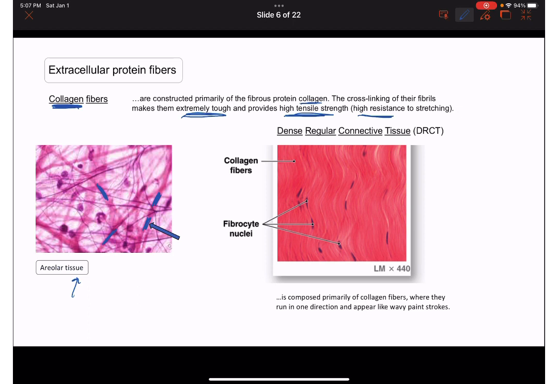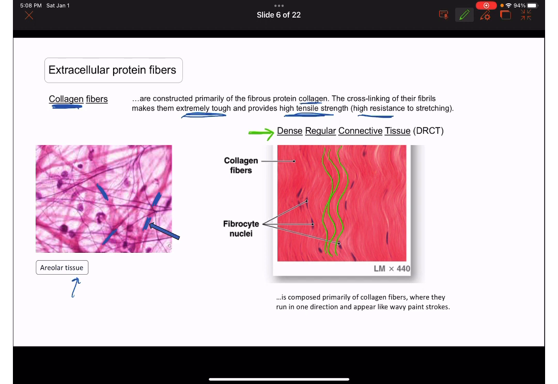But if you want to find a lot of collagen fibers, then you can look over here to dense regular connective tissue. Dense regular connective tissue is composed primarily of collagen fibers. These are all collagen fibers waving down through this tissue.